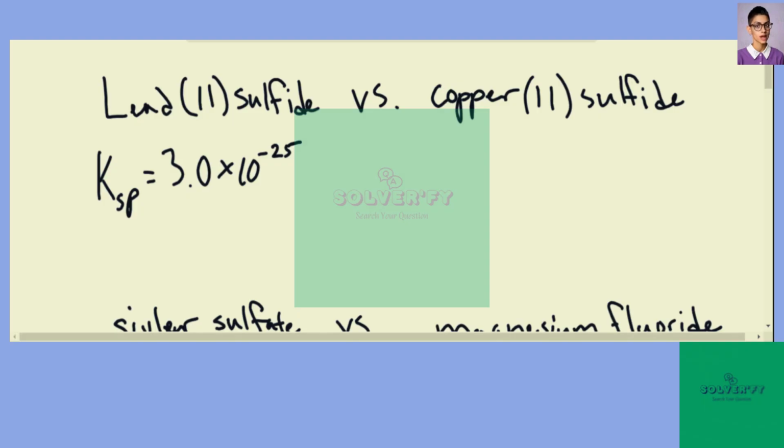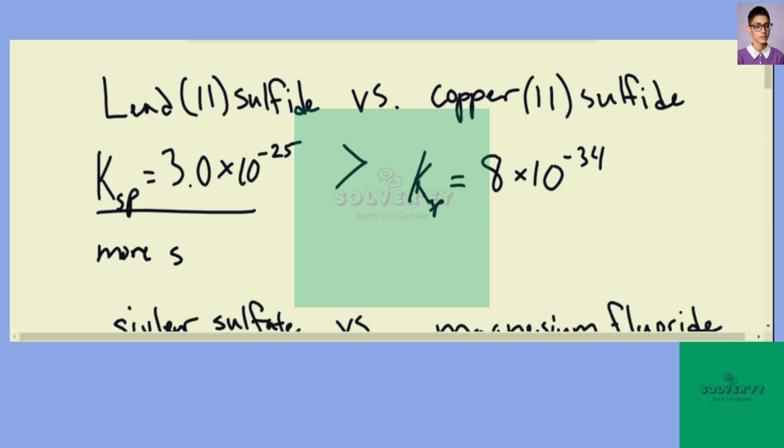And the copper sulfide, its KSP value is 8 times 10 to the negative 34. And so this one is much greater, and thus it is more soluble.